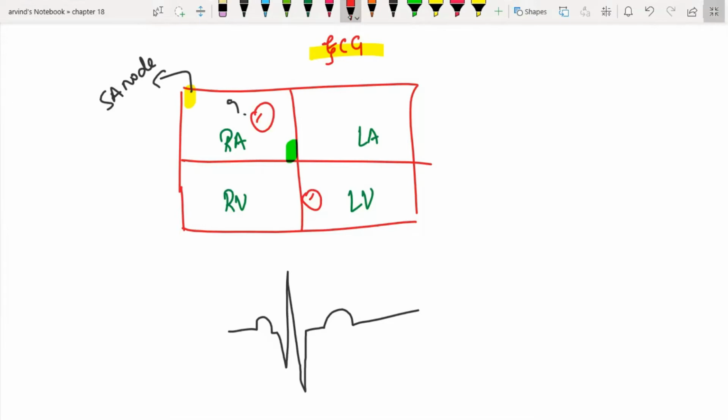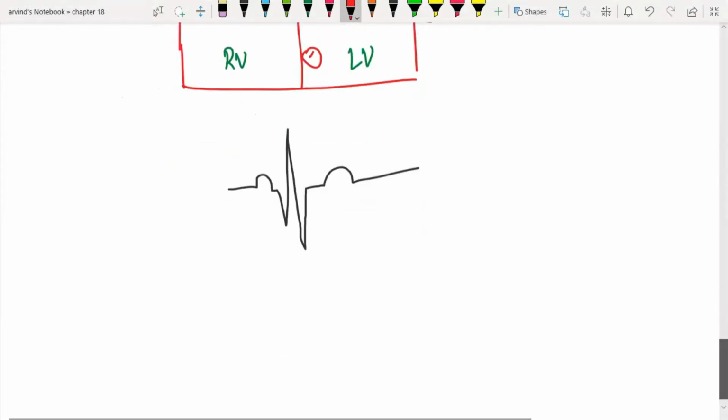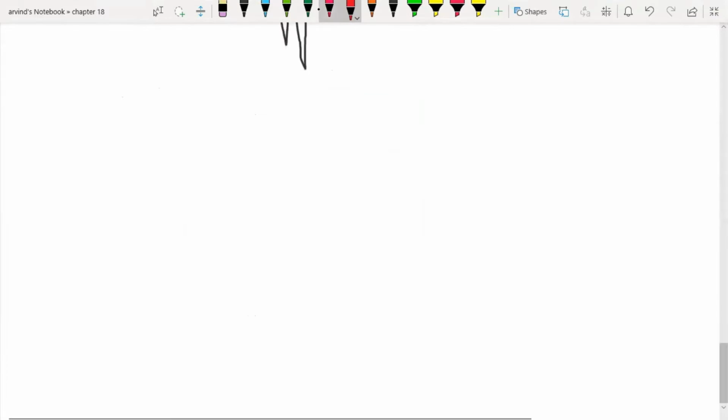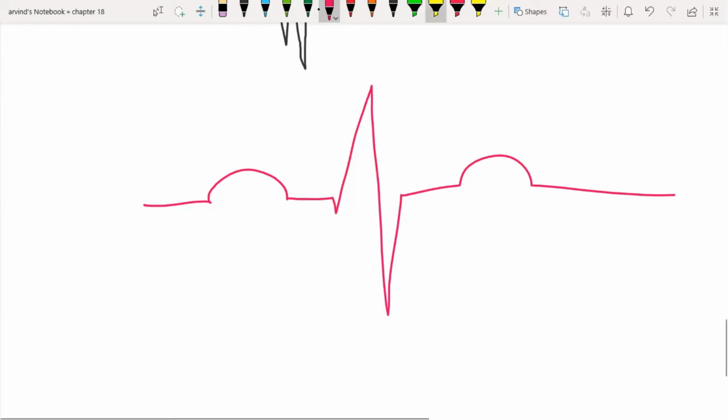If you take a typical ECG wave, let me give you a macroscopic view so that we try to understand things. This is P. So this is a typical ECG. It has three shapes: this is one portion, this is another portion, and this is another portion.